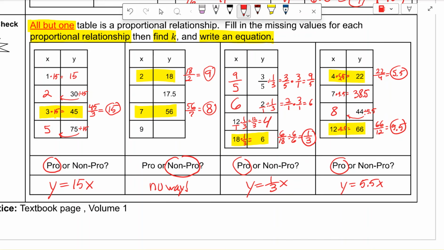Okay, this next one, the third one, is a little trickier. This bottom one, x was 18 and y is 6, so 6 is on top. 6 divided by 18 can be simplified down to 1/3. Since there was only one row here, we knew that the k had to be 1/3. So we wrote our equation, y equals 1/3 x.